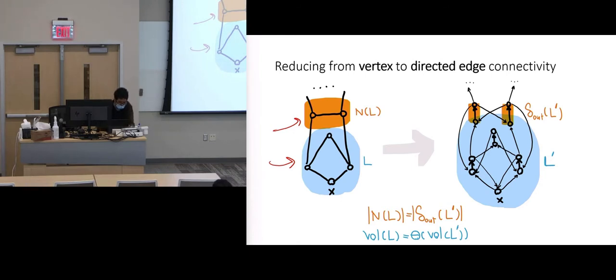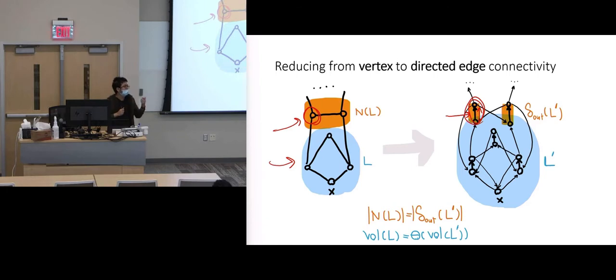After the transformation, once you split the nodes, the out edges going out from the set correspond to the nodes here. Basically, if you delete the edge between in and out, that is like deleting a node.